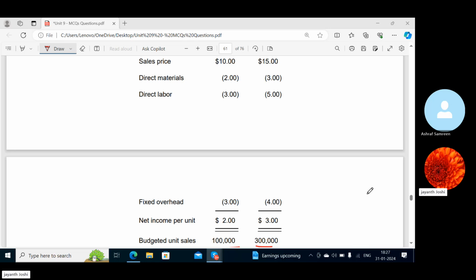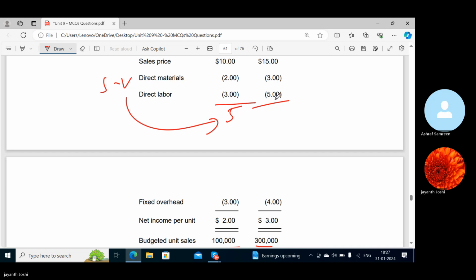No. Fixed we should not take. We'll get the operating income. Just a second. So we've got this.